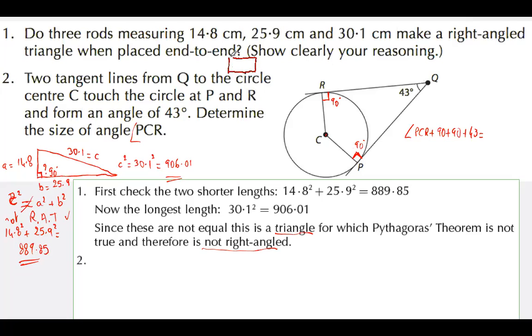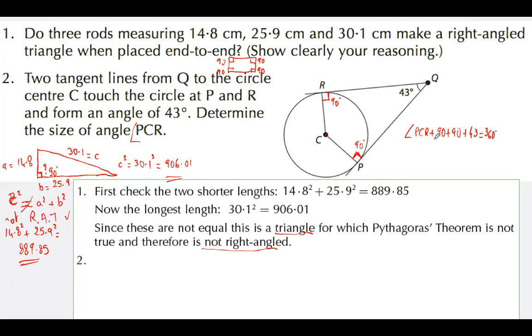If you've got a rectangle, what's this? 90. What is this? 90 as well. What is this? 90 as well. And then the last one. So any quadrilateral, when you add all the angles together, you get 360. 360 for your total.